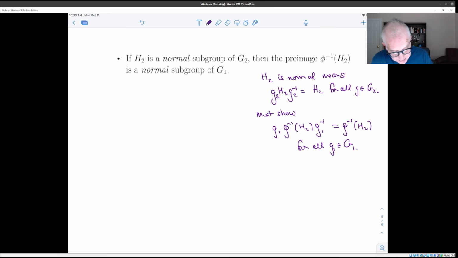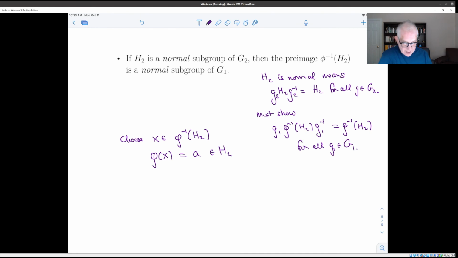So let's suppose, to do this, we choose an X in phi inverse of H2. So that tells us that phi of X is equal to A, which belongs to H2. And if we look at G1 X G1 inverse, let's apply phi to that.